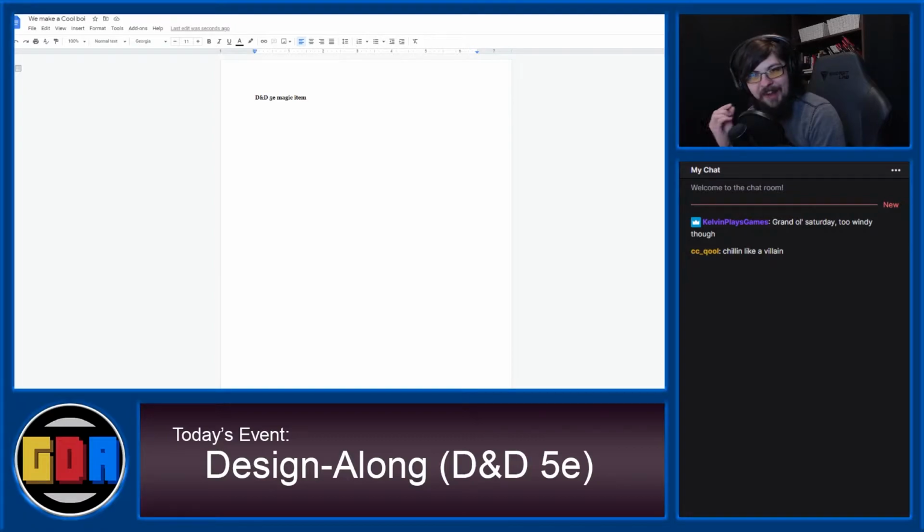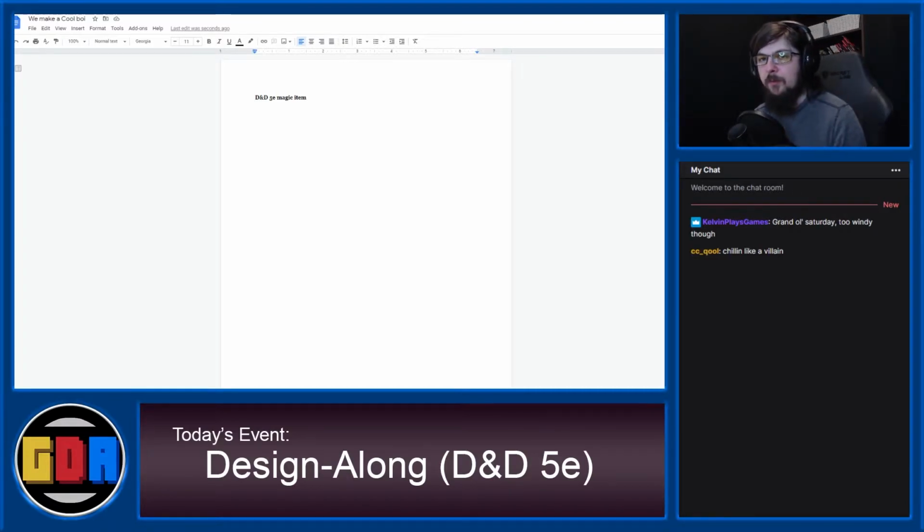So each tiny step of the process is going to be pretty long, and doing an encounter just has so many variables. It's not impossible to design an encounter, that would be ridiculous to claim, but I think over the course of an hour or two, designing a magic item is about right.